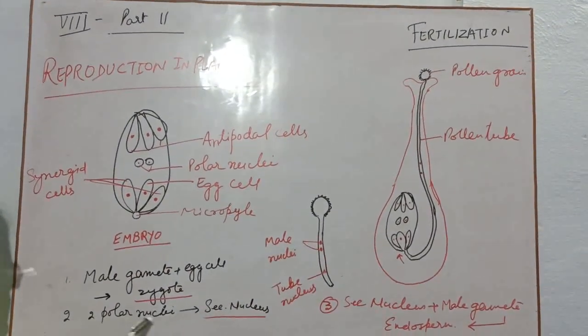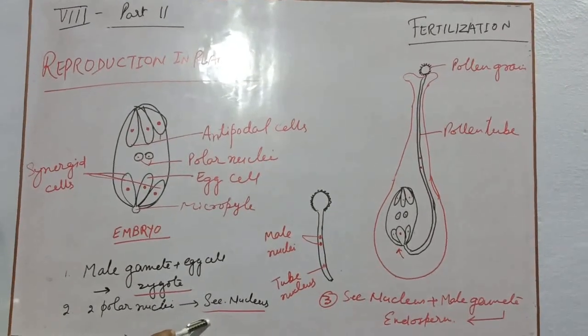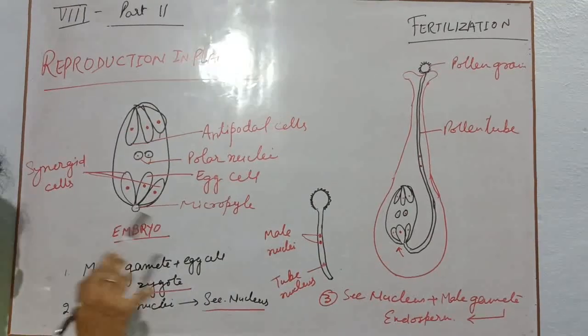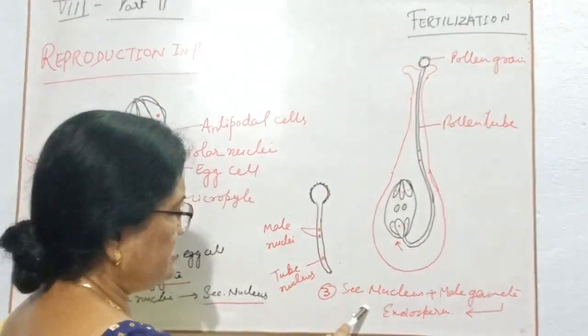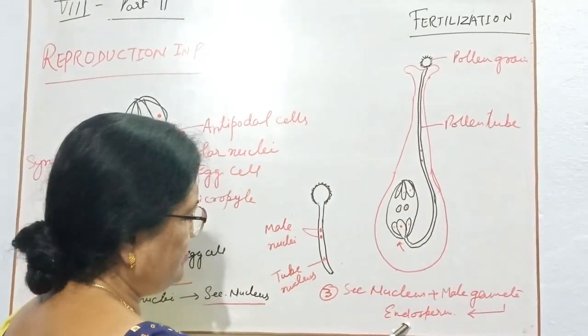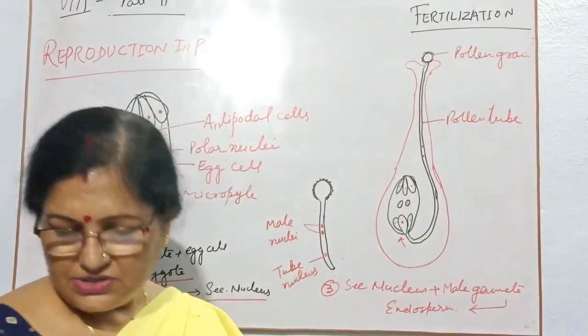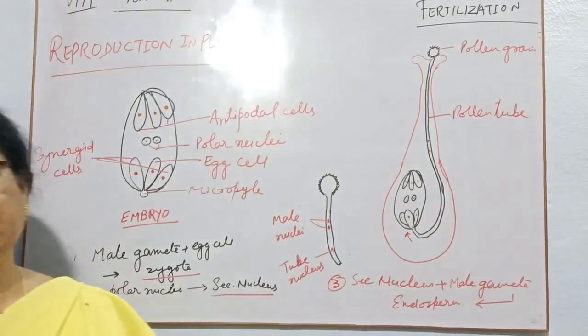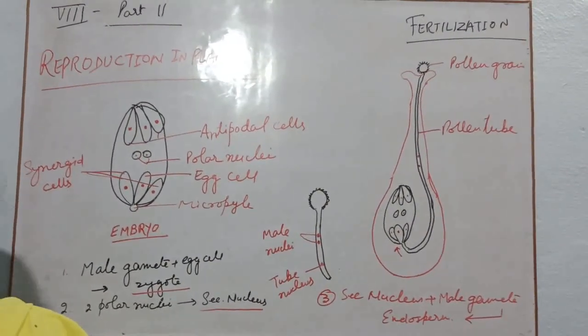Then two polar nuclei will form the secondary nucleus. This is the second type of fusion. Then third, this secondary nucleus will combine with the other male gamete or male nucleus, and then it will form endosperm. So children, all the seeds have endosperm, whether it is dicot or monocot.